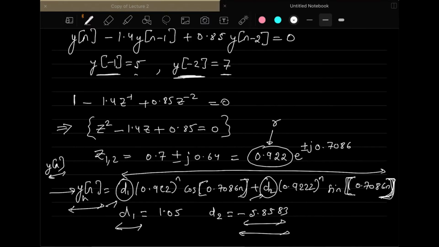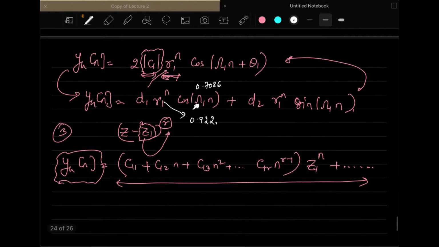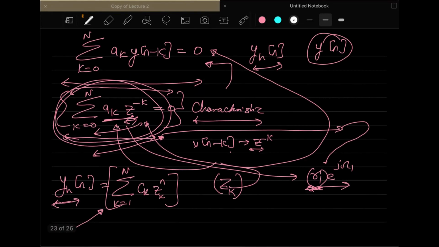Sir, when solving a differential equation, we assume that y(t) is C e^(st). In this case, what are we assuming? I told you last time, right?